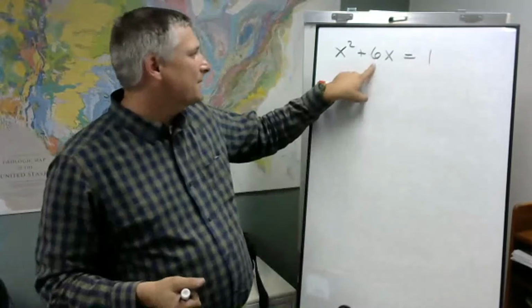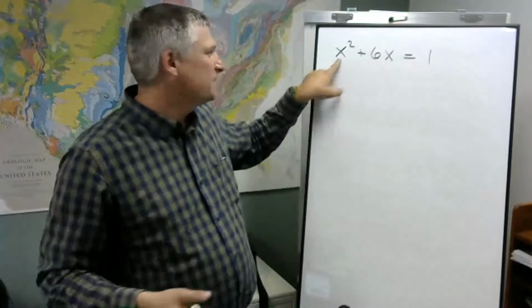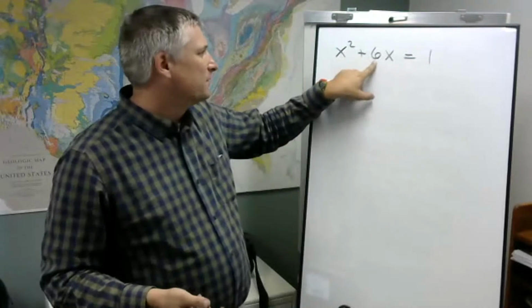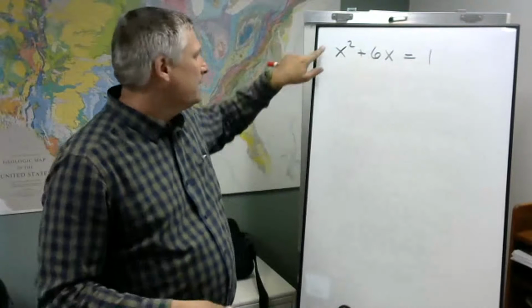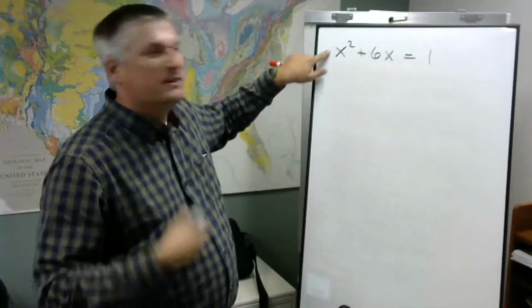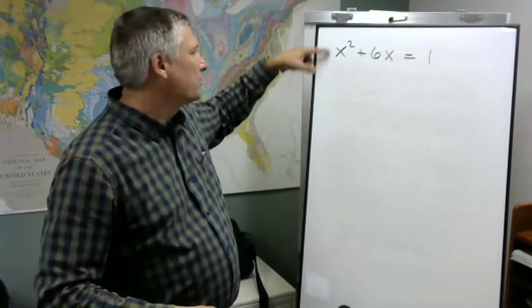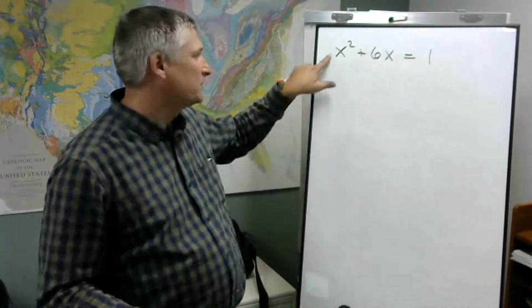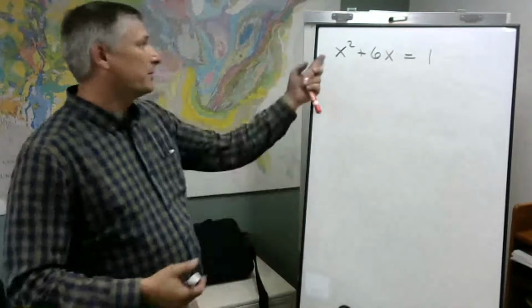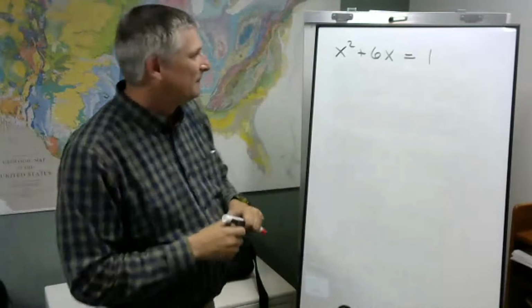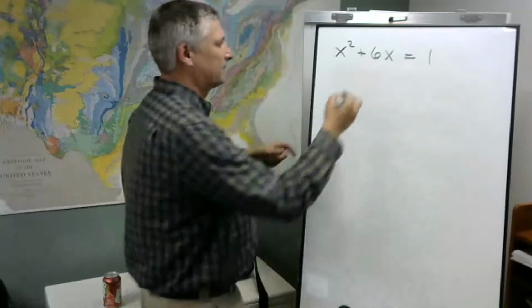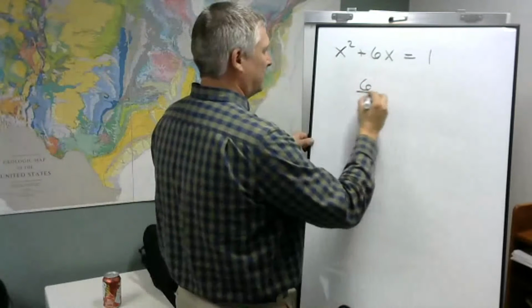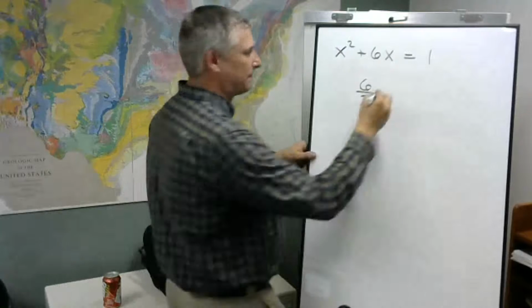Well, what we do is we take the number attached to the variable. This is the variable squared. Here's just the plain variable. We also want to make sure there's no other coefficient here besides the invisible 1. Well, it already is. That's great. So we take this number, and we always divide it by 2.